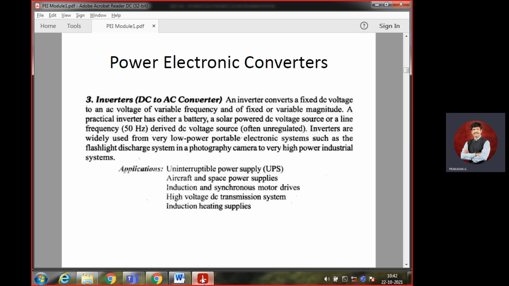When V1 and V2 are on, when your BJT1 and BJT2 are on, the voltage flows like this. Assume this is positive and this is negative. Actually, there will be no positive or negative for the load, but for the current scenario, I am assuming this is the positive and this is the negative.